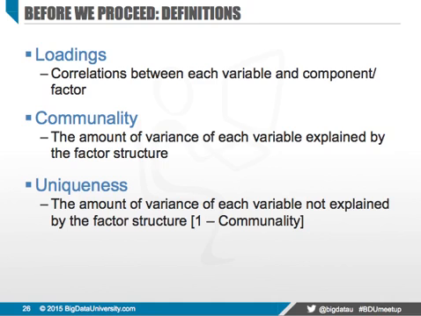Suppose you have 2 or 3 factors; the variable is in part going to be related to each one of those factors. And finally, the uniqueness is the amount of variance in each variable not explained by the factor structure, or 1 minus communality. Uniqueness is especially relevant to factor analysis, which considers the measurement error, whereas PCA very often drops the measurement error from the equation altogether.